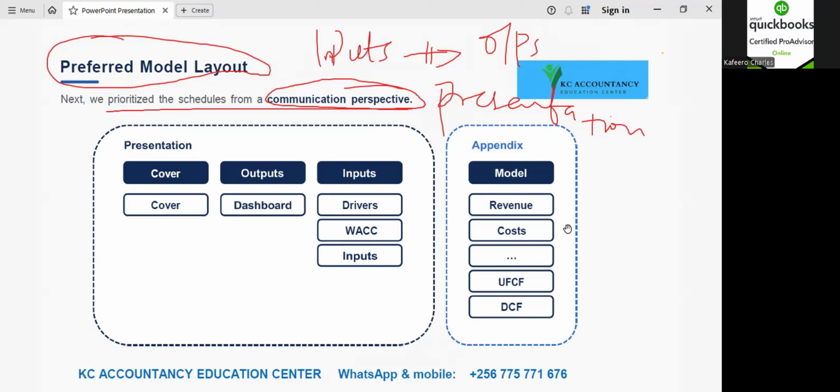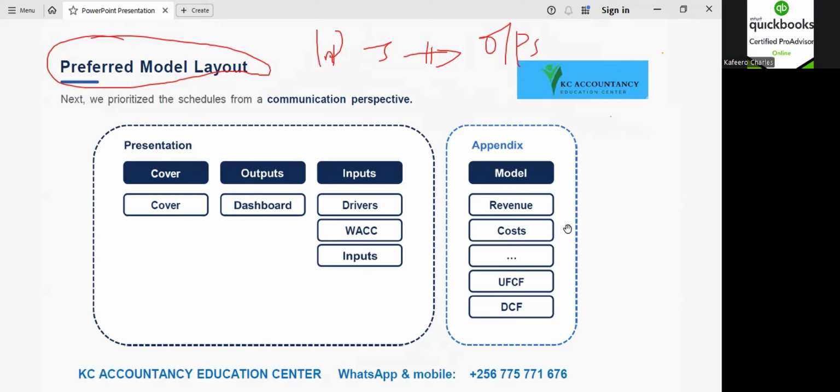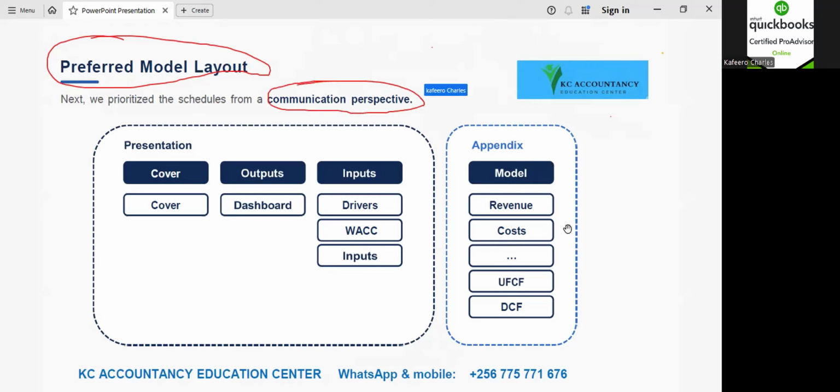So we look at what is the interest of the stakeholder and we present our financial model in that manner. So we are focusing on communication, as in we are trying to present to the different stakeholders what is our preferred layout. And that's what the communication perspective is all about.